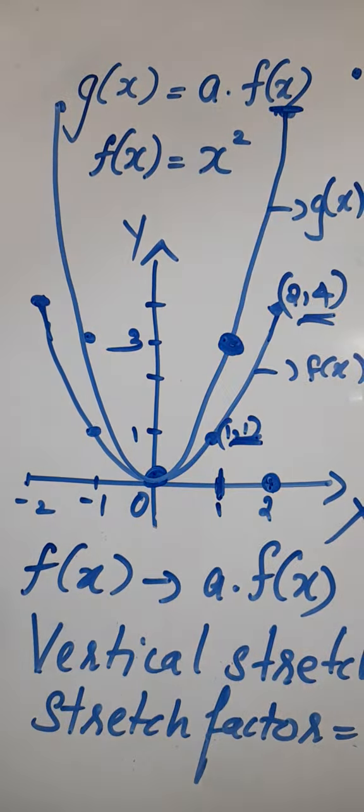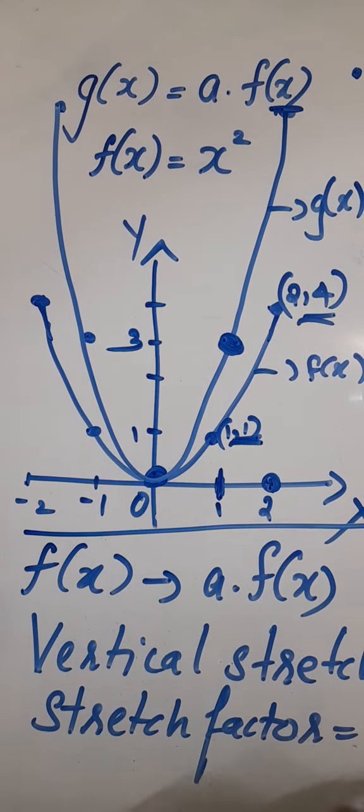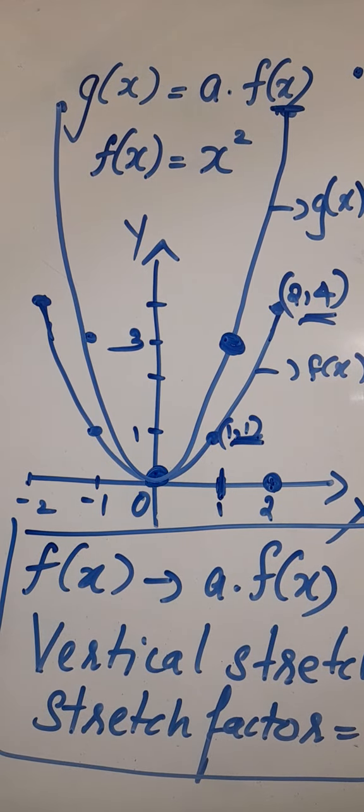Here it is 3 times 1. And in the example we considered a to be equal to 3. So basically, if we transform the function f of x to a times f of x, we end up getting a vertical stretch with a stretch factor a. In this kind of transformation, x is invariant and y varies.